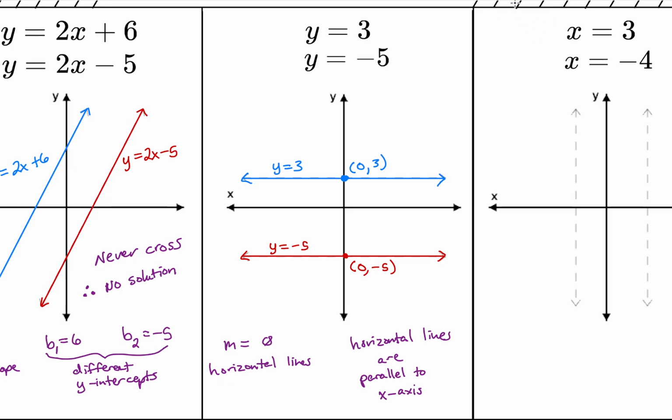The next graph that we have is x equals 3. That one's over here on the right. So x equals 3. And we have x equals negative 4.